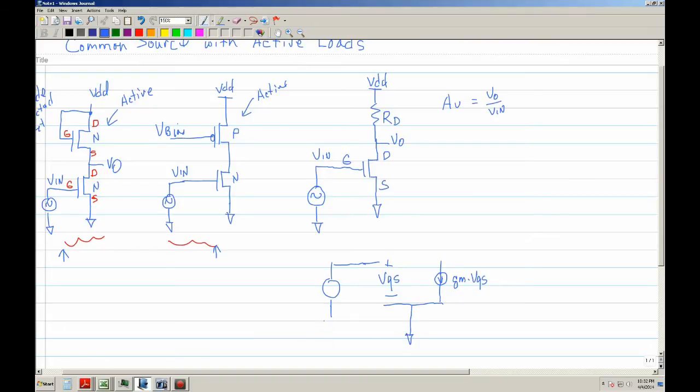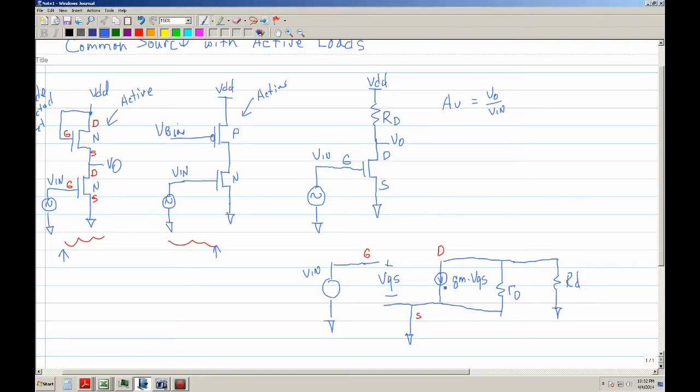That goes to ground, that goes to ground, VN, and let me label this. This is your gate, source, and your drain. Now let me go ahead and add rout. This would be the output impedance of the MOSFET. And then we add RD.